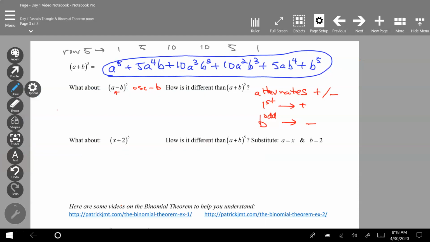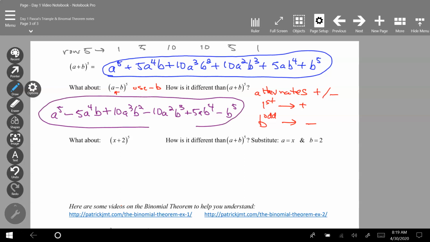So this turns out to be a to the 5th, now minus 5a to the 4th b plus 10a cubed b squared minus 10a squared b cubed plus 5a b to the 4th minus b to the 5th. And again, every term that has an odd exponent on b had a negative sign in front of it. That's what we're doing.